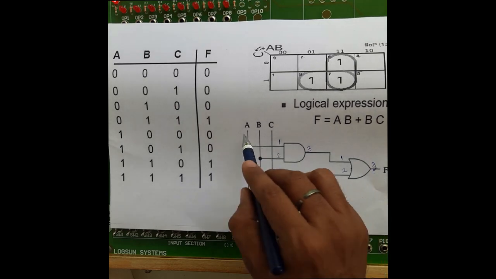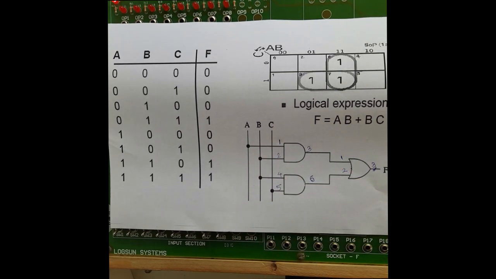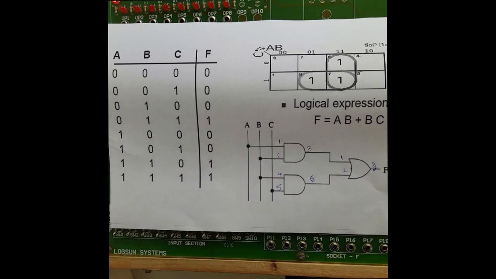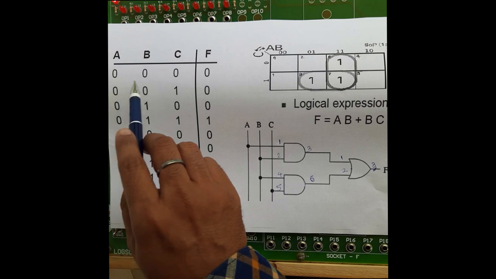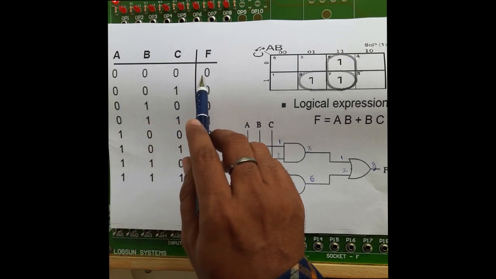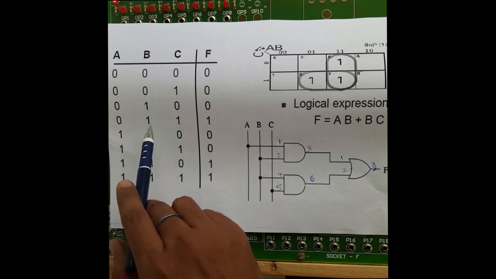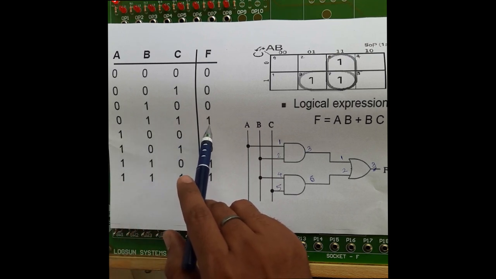It means that A, B, C is nothing but your input part, and from pin number 3 you are getting the actual output. What we require in the output actually, when you are giving a combination like 0 0 0, your output should be a 0. When you are giving the combination 0 1 1, then your output should be high.